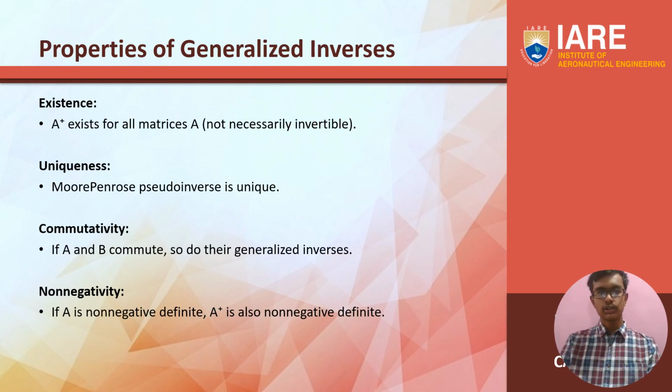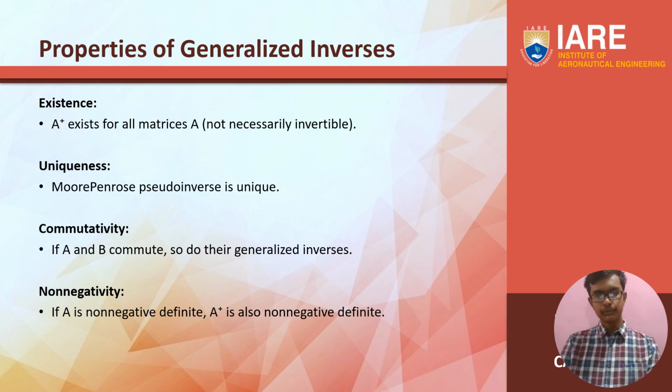Now let's talk about the properties of generalized inverses of such matrices. Existence: A plus exists for all matrices A, which are not necessarily invertible. The next property is uniqueness. The Moore-Penrose pseudo-inverse is completely unique. The next property is commutativity.